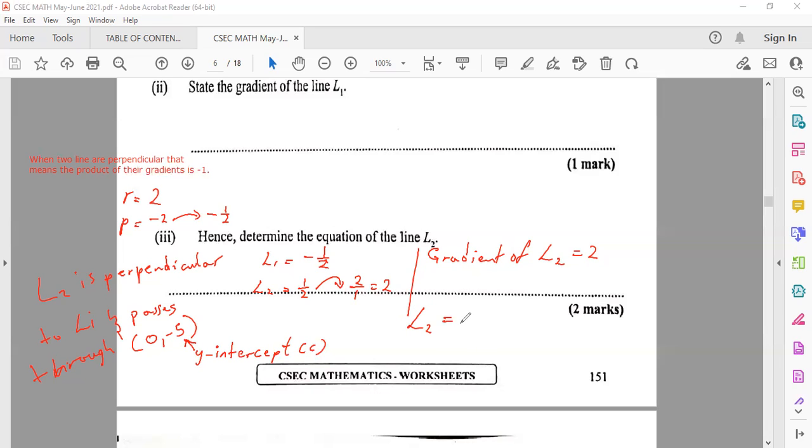The equation is y equals mx plus c. What is m? The gradient is 2, so y equals 2x, and my intercept is -5. And that is it.